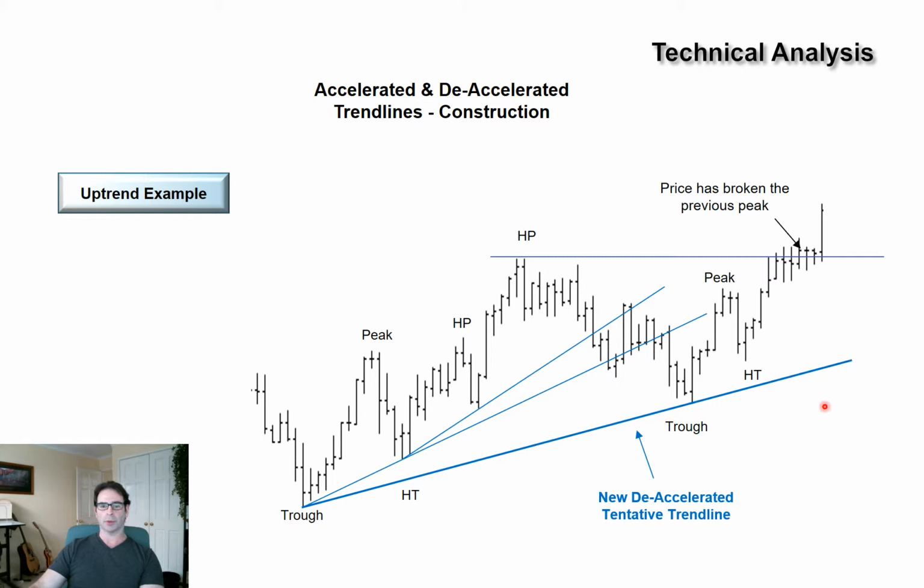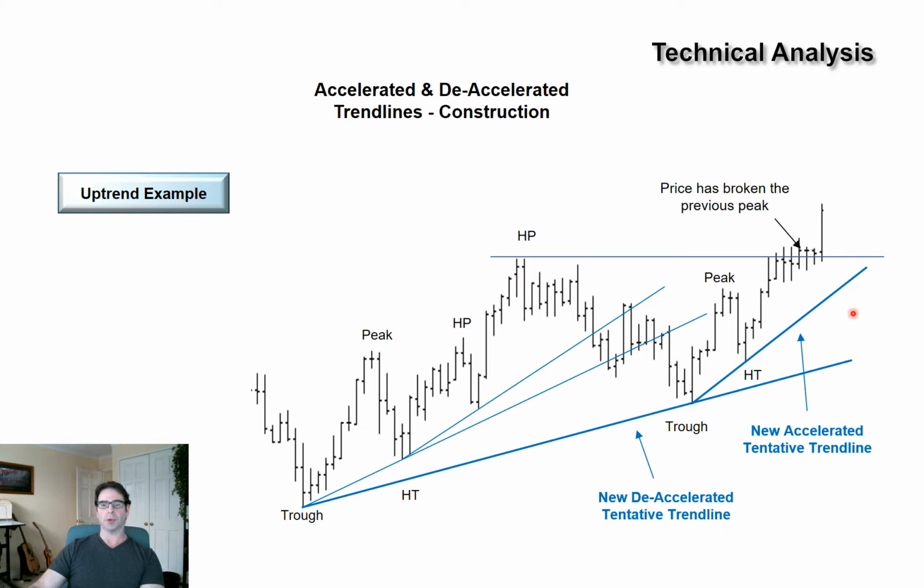Now, some of you that are observant may have also noticed we have a trough here, higher trough here, price has broken through the peak here. So in fact, from this point here, regardless of the accelerated, deaccelerated trend line, we can also draw a new accelerated trend line.